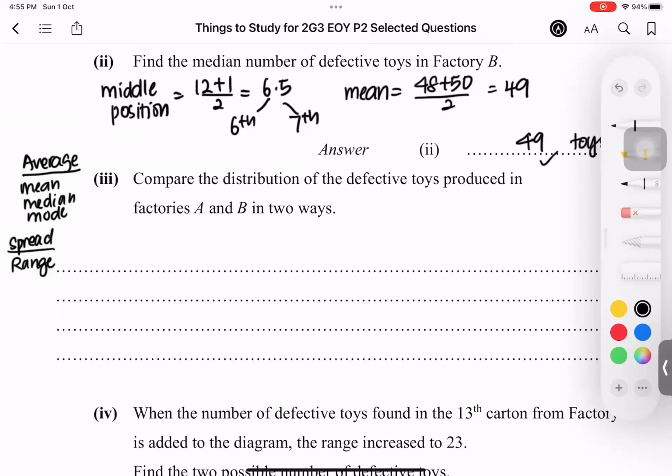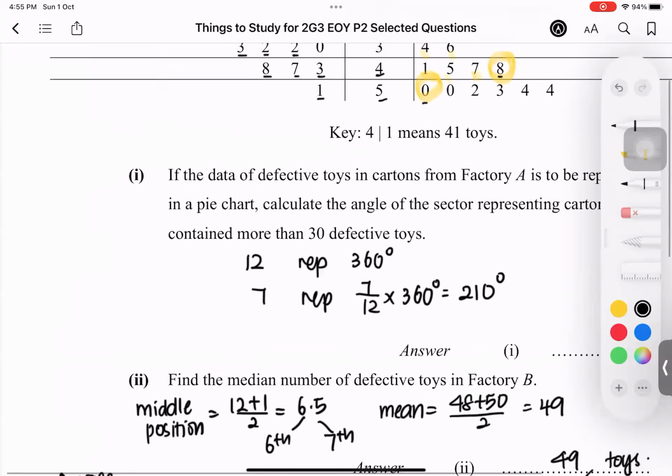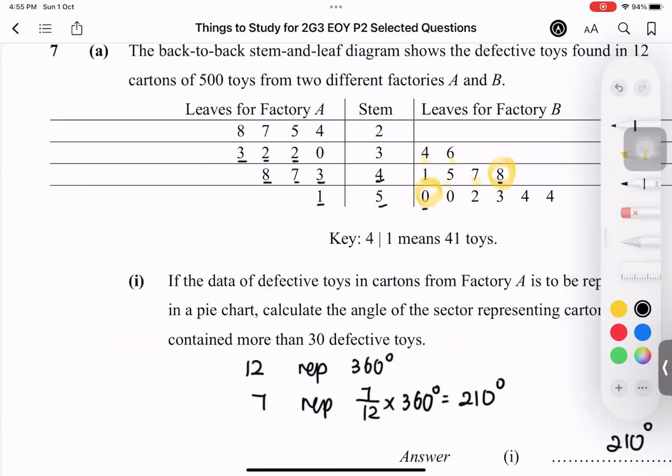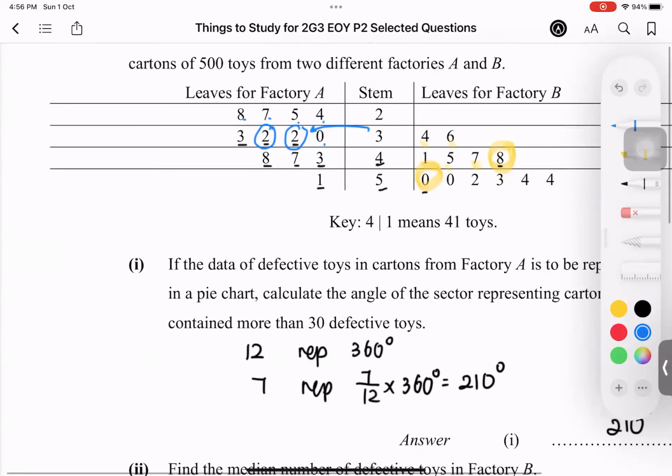So what we're going to do is find a few numbers first. Let me find our median for factory A first. Also the 6.5 position. So 1, 2, 3, 4, 5, 6, 7. So the median will be 32 plus 32 divided by 2, still the number 32.